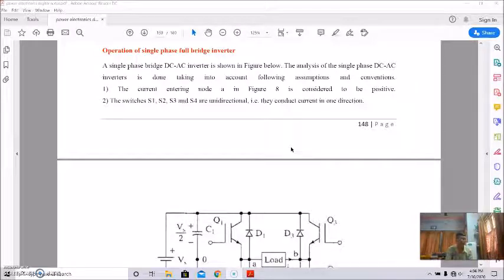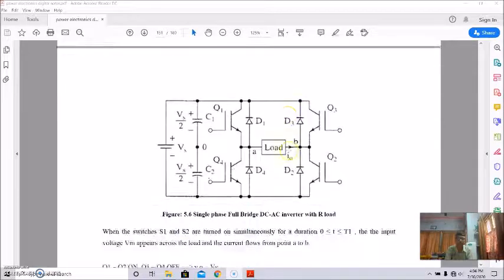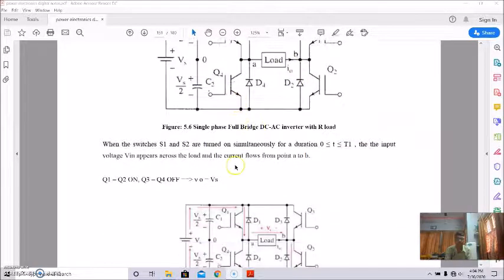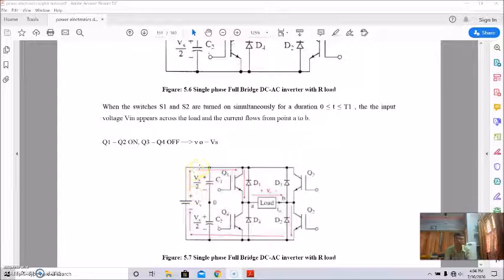Basically I showed this is the circuit and this is the operational criteria when S1, S2 is on for the period 0 to T1. This will be the current path, and the load voltage is positive, the source voltage.